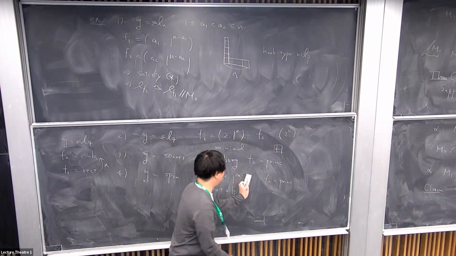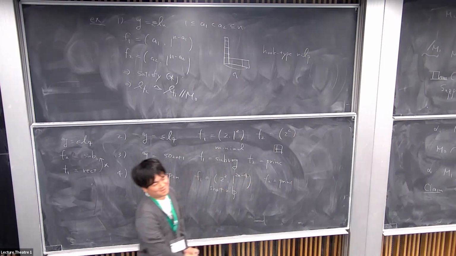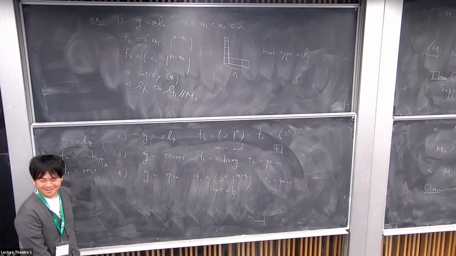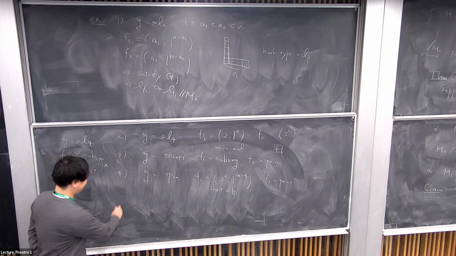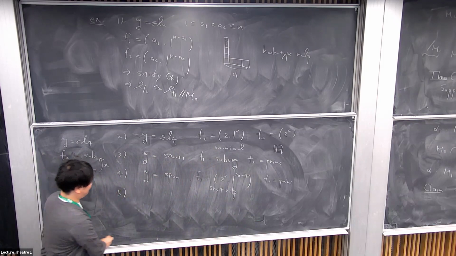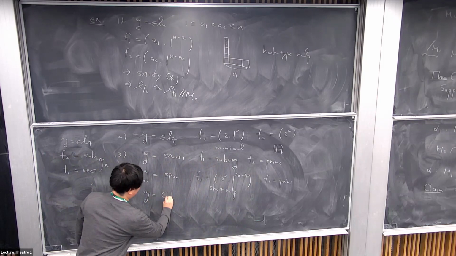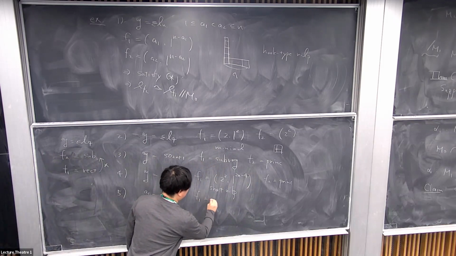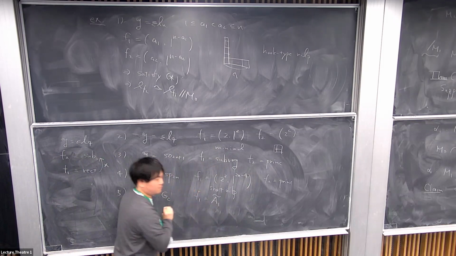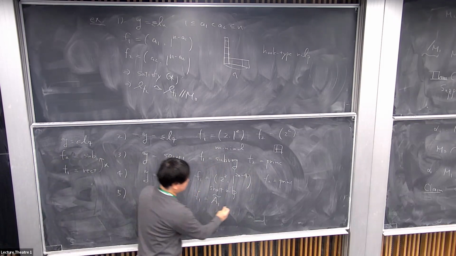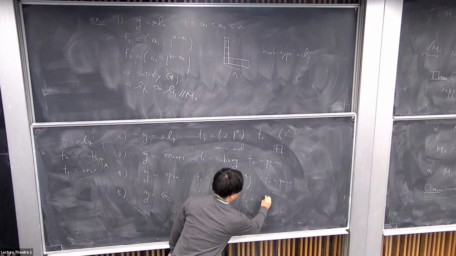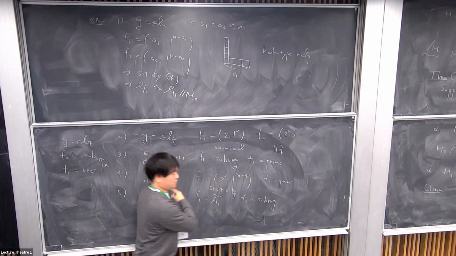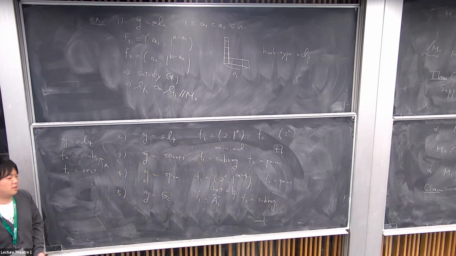Ah, sorry, 2 by 2 is 4. Another example, this is the last one, but I like this example, G2. F1 has the Bala-Carter labeling A1 tilde, and F2 is subregular. They satisfy the condition. This is somehow a more interesting example.